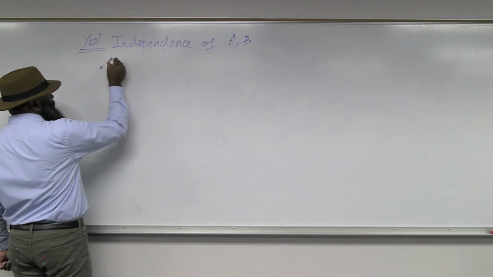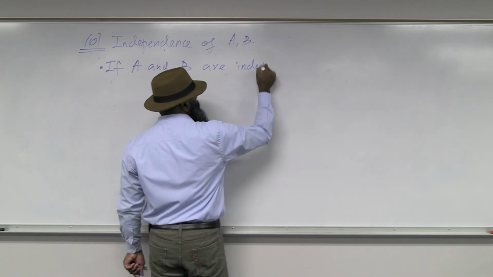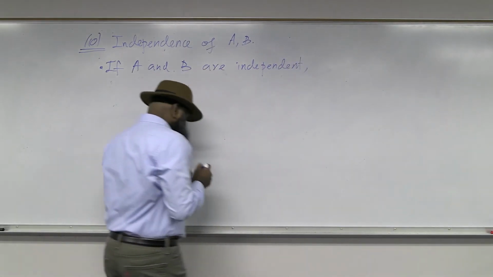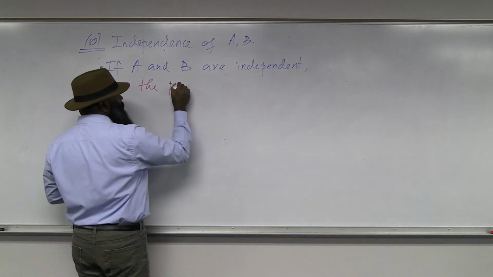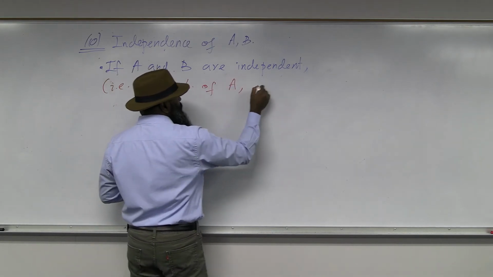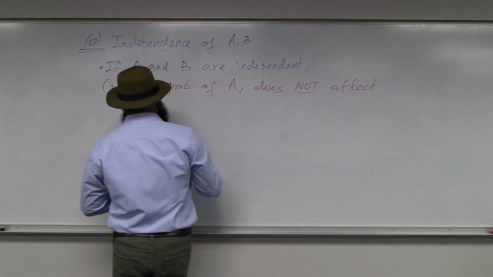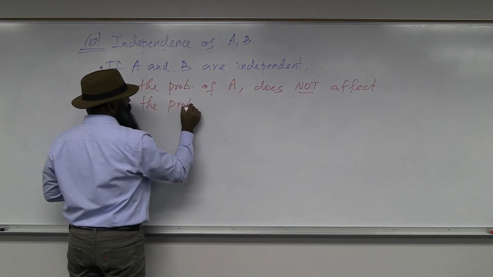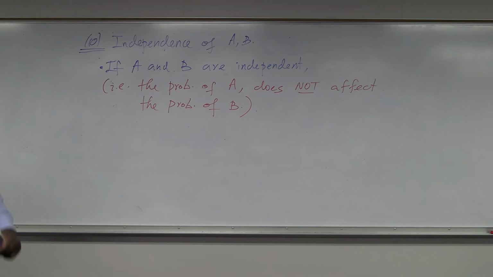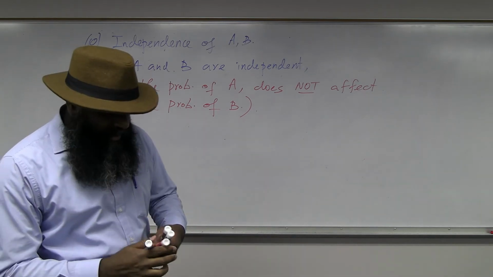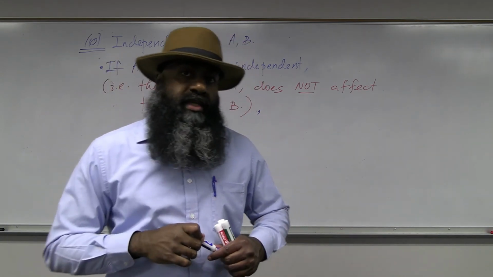So we say if A and B are independent, which means the probability of A does not affect the probability of B. Now, if that's the case, then there is one specific equation that holds true.